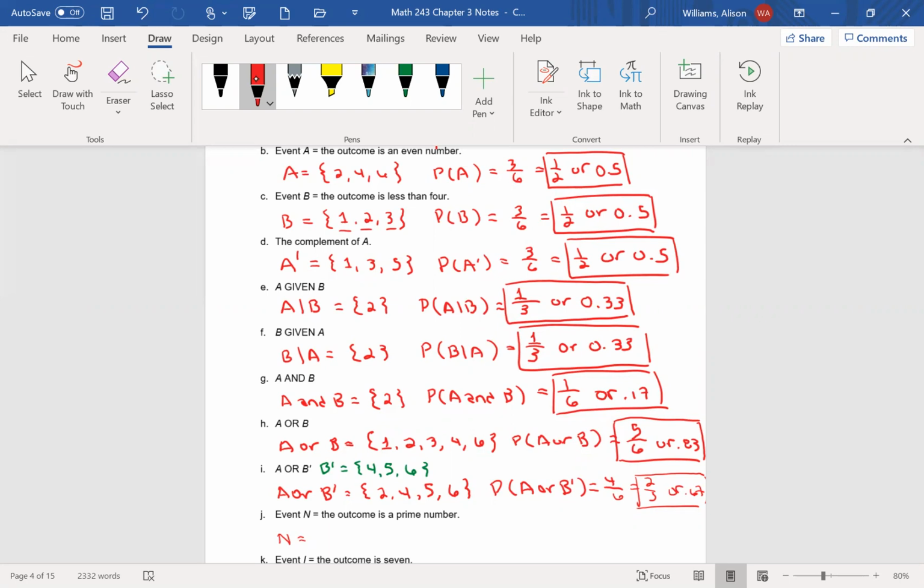So the first prime number is actually 2 because 2 is only divisible by 1 or itself. 3 actually works. 4 does not because 4 is divisible by 2. 5 works. 6 does not. It's divisible by 2 and 3. So there we go. Those are all the prime numbers. And the probability of that is 3 out of 6 or 1/2. Oops. Putting the decimal in the wrong place.